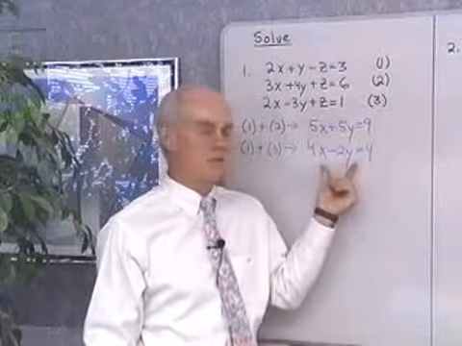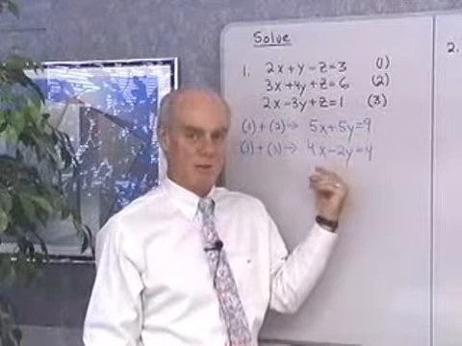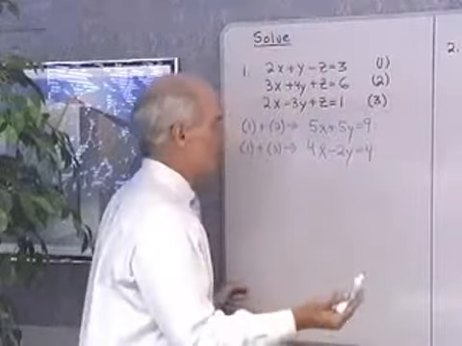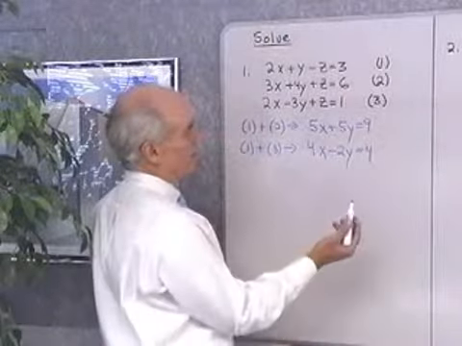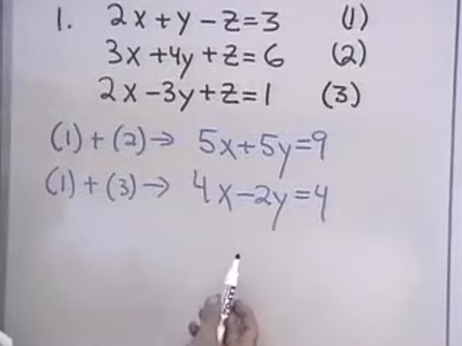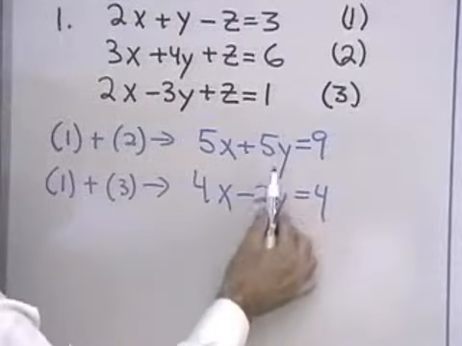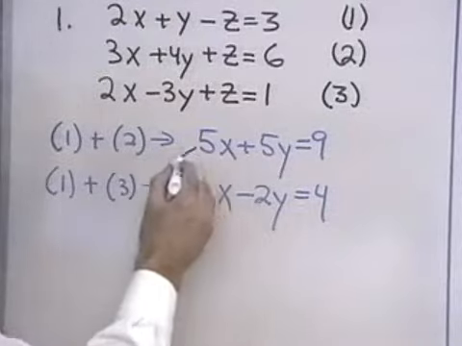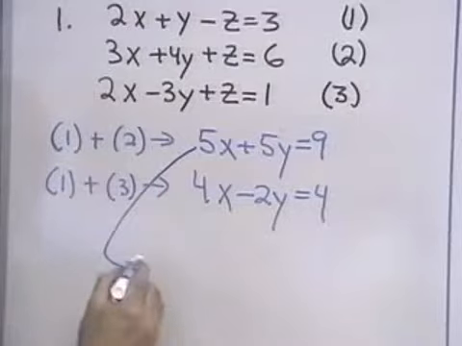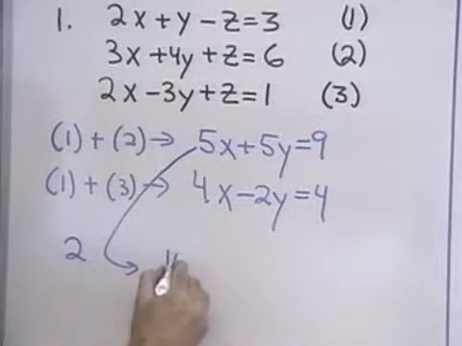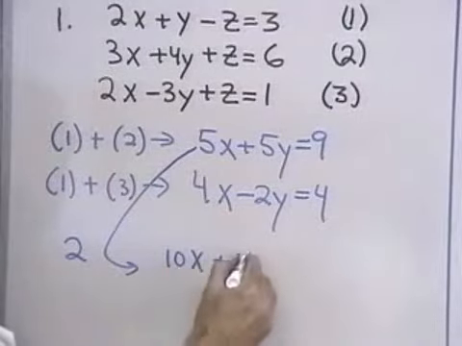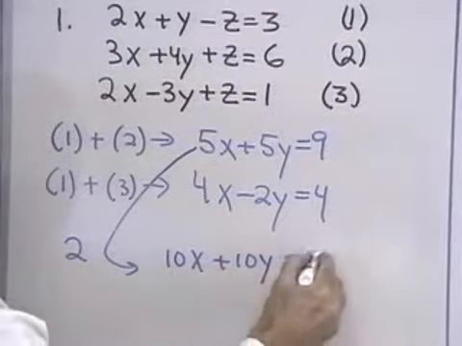Now I can solve this system for x and y in the same manner that I solved the systems in the previous section. Let's eliminate y from this pair of equations. I'll multiply this first equation by 2, and I'll have 10x plus 10y is equal to 18.